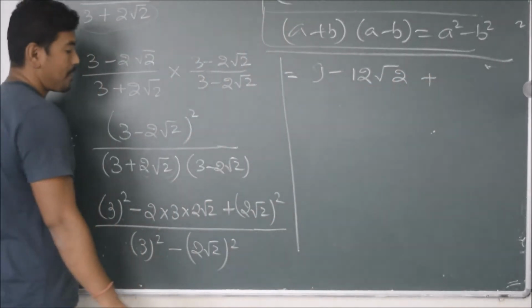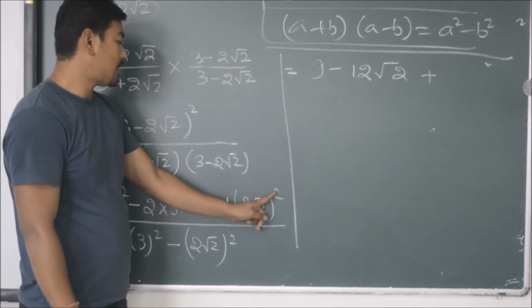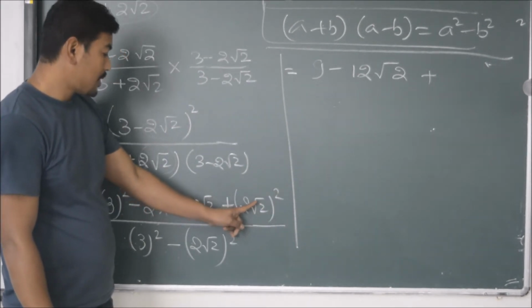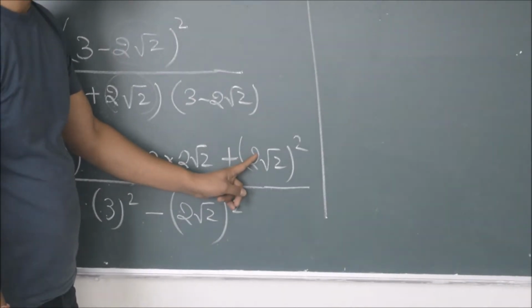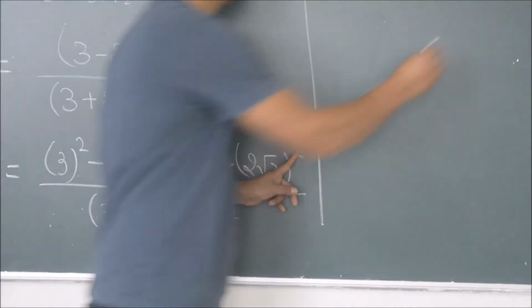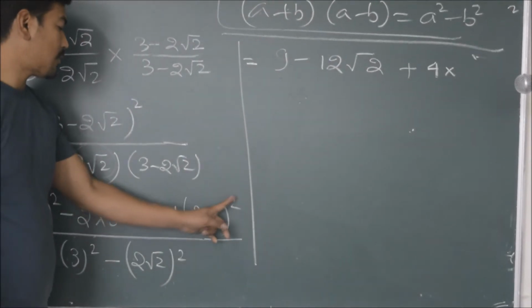plus, and you know this one, you cannot cancel this square and square root directly because we have 2 also here. So first you have to make the square of 2. 2 square is 4 into, now root 2 square is simply 2.